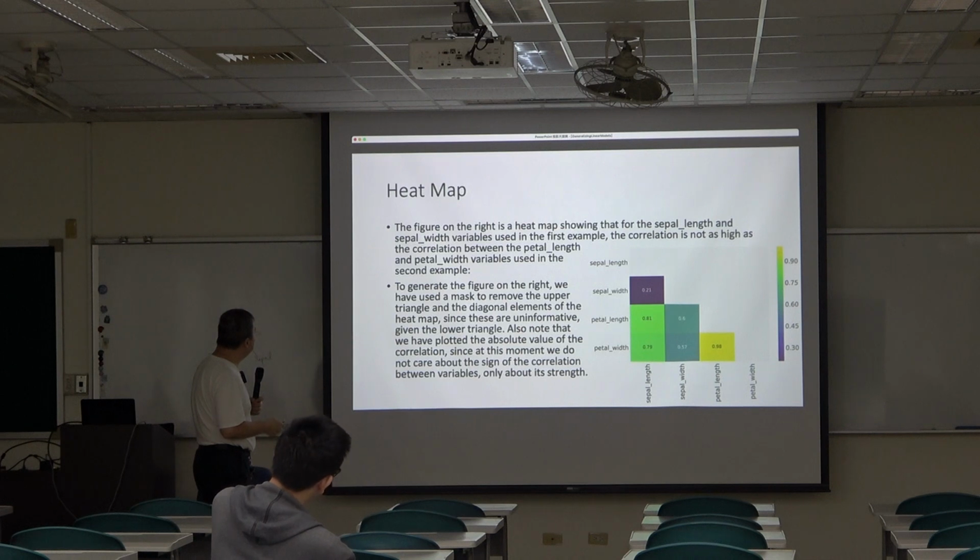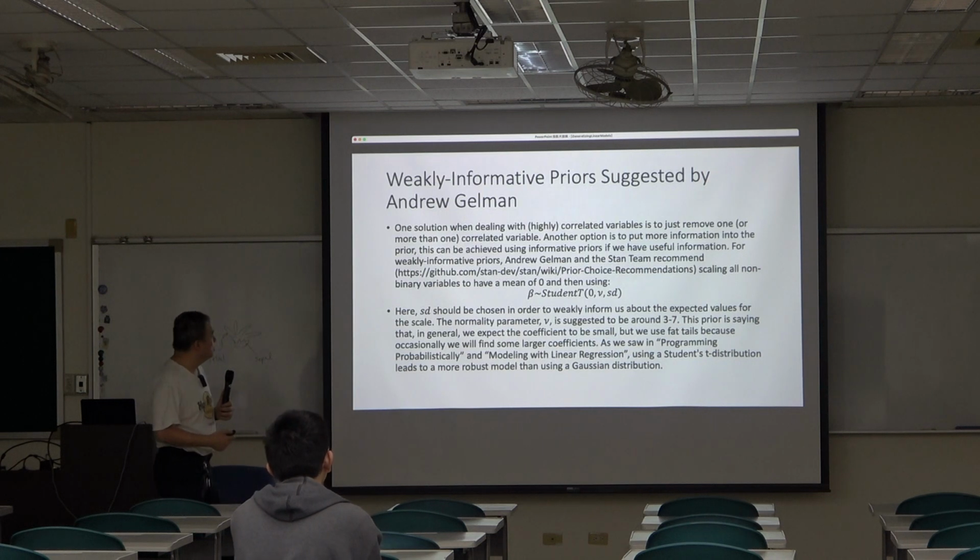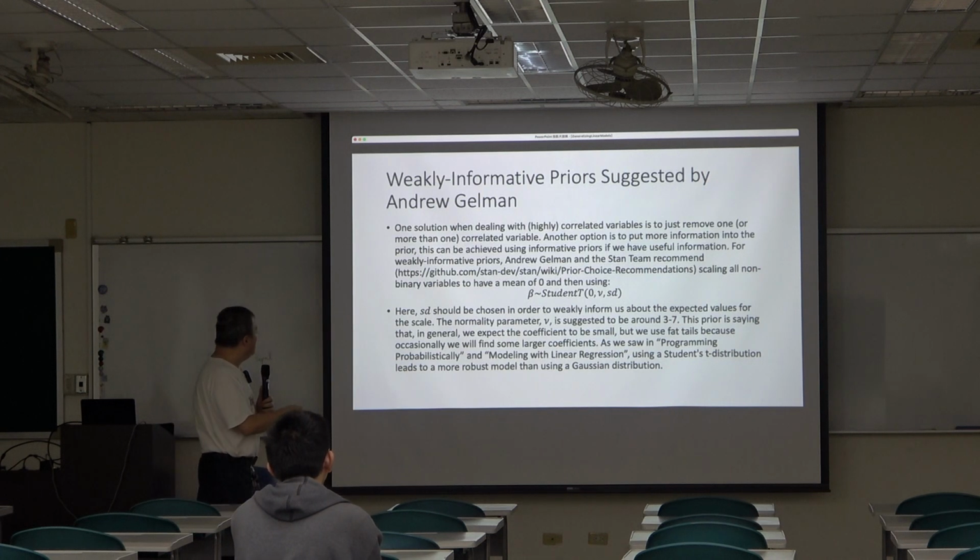So if that's the case, what do we do? One solution to deal with highly correlated variables is just to remove one. Or if you have more than two, you may want to remove more than one correlated variable. We talked about this in the linear regression model chapter.